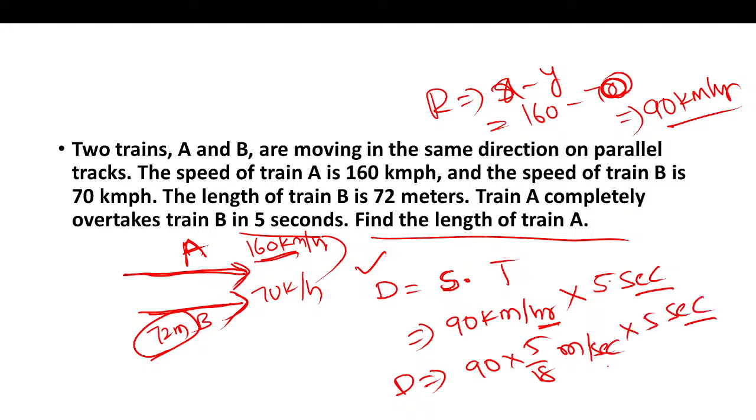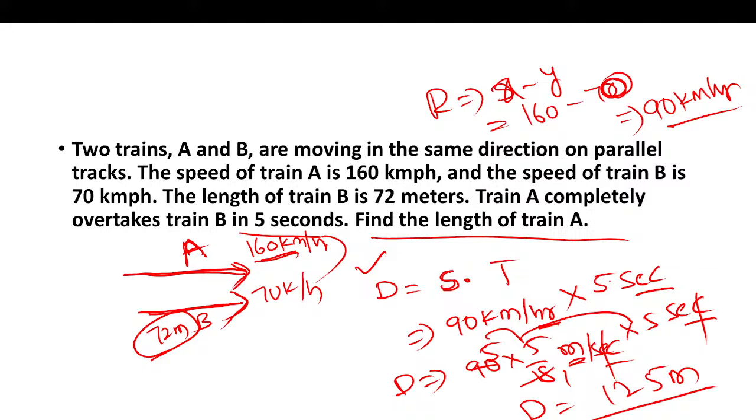Now the seconds are the same, so cancel. Finally the distance is in meters. 18 ones are 18, 5 fives are 25, 25 fives are 125. What is the distance of the second train? Nothing but train A, 125 meters. What is the answer? 125 meters.